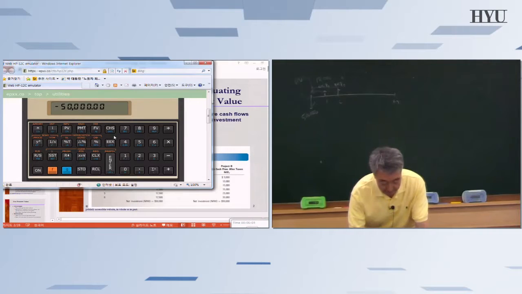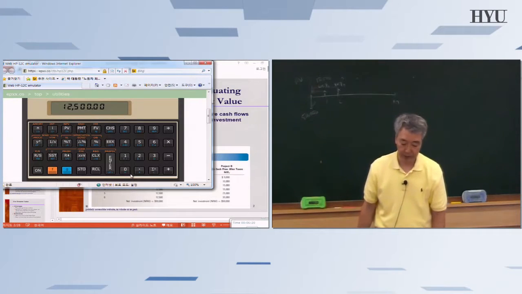And then all you need to do is enter the rest of the cash flows. But again, we have the same repeating cash flow. So 12,500, and just press the blue key CFJ. That's the first cash flow, CF1.